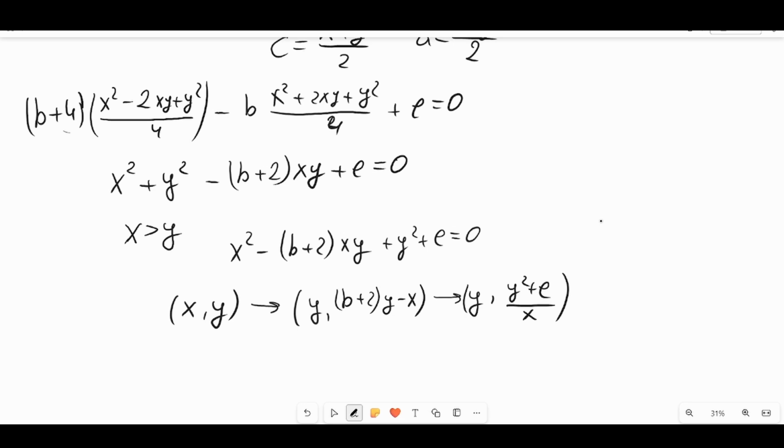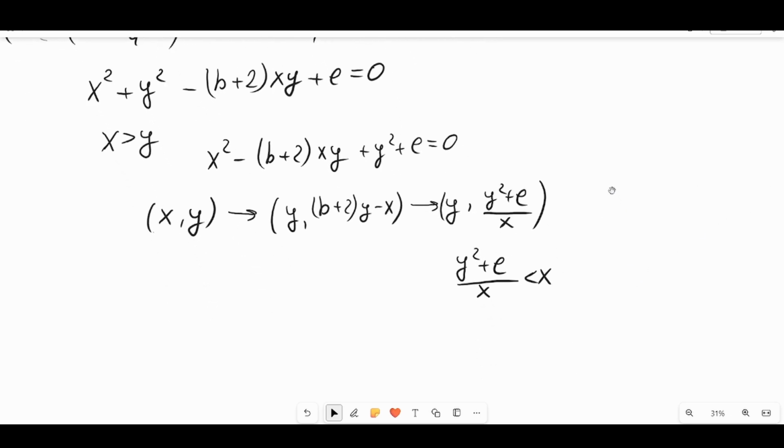Now if we manage to show that (y squared plus e) over x is less than x, then we will solve the problem, because we have found a solution different from x and y which has a smaller sum than this one, and our assumption was that x and y were the numbers whose sum was minimal. So y squared plus e must be more than x squared, otherwise we will solve the problem.